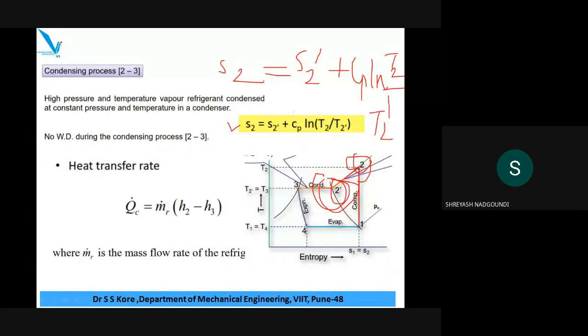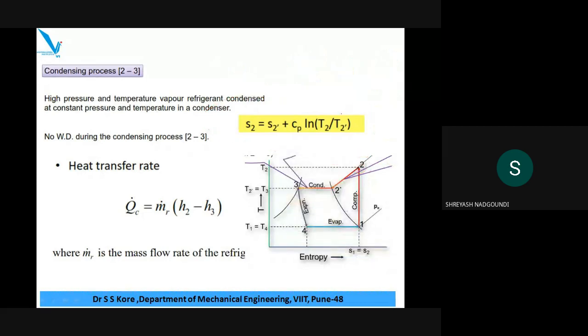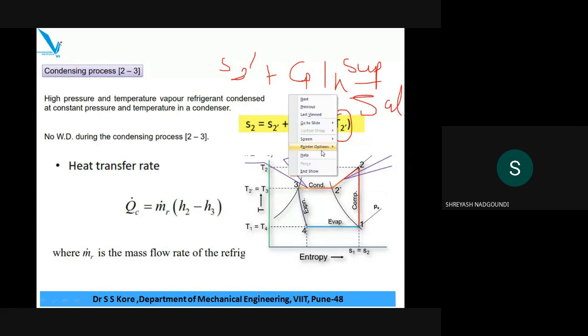By using this formula, we can find out T2 dash, or it is S2 dash plus Cp into ln of T sup by T sat.